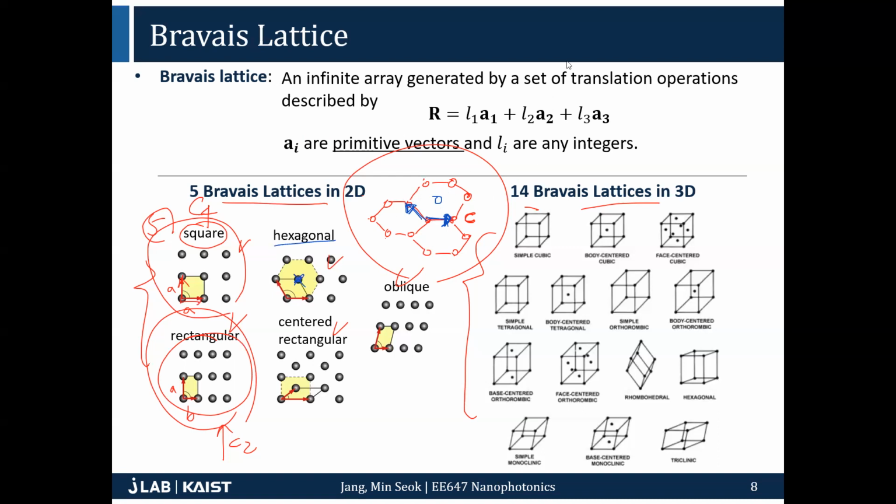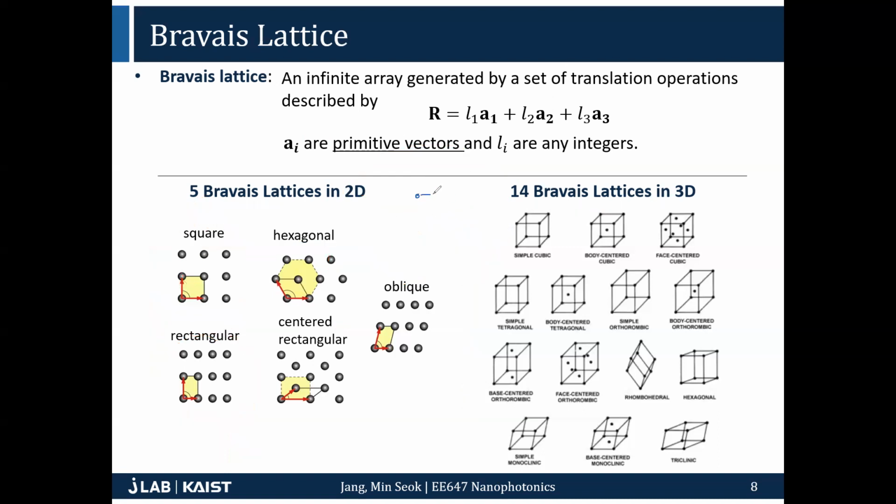So in order to define the graphene lattice structure, what we do is we combine these two as one unit, and this unit actually forms a hexagonal lattice.